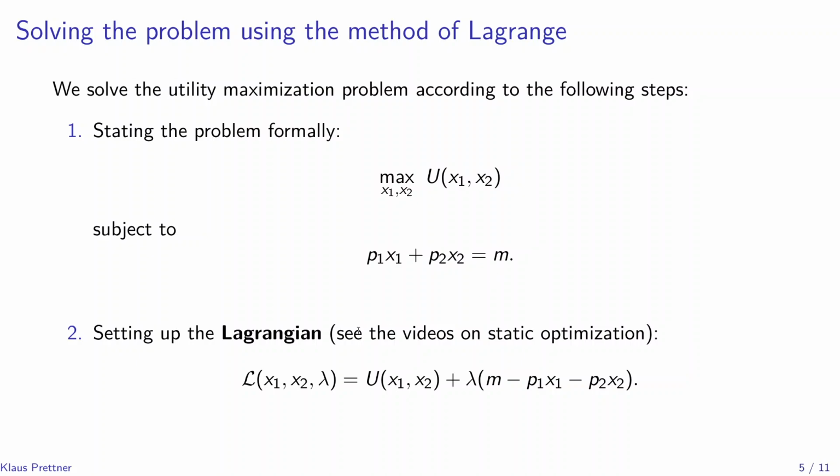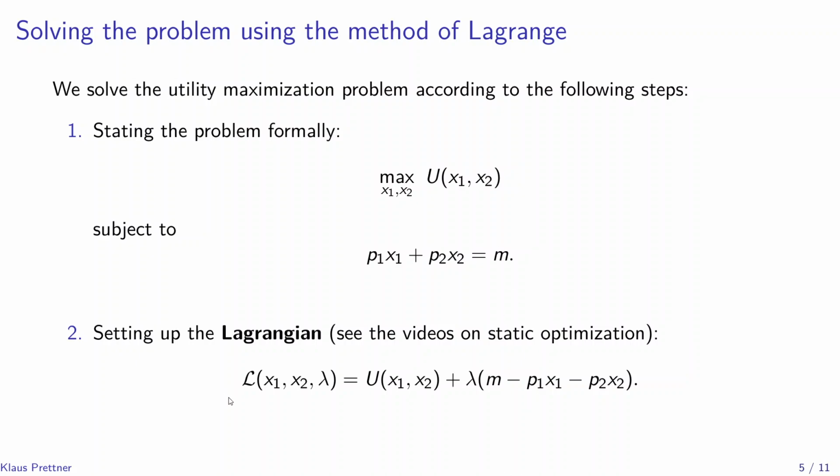Then we can set up the Lagrangian function that we know from mathematical courses or from the videos that I have on static optimization. It's the utility function plus the Lagrange multiplier multiplied with the right-hand side of the constraint, where we subtract the left-hand side of the constraint from it.